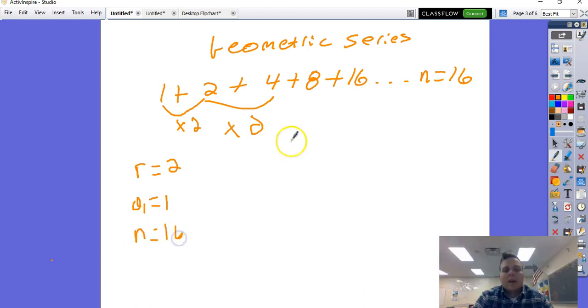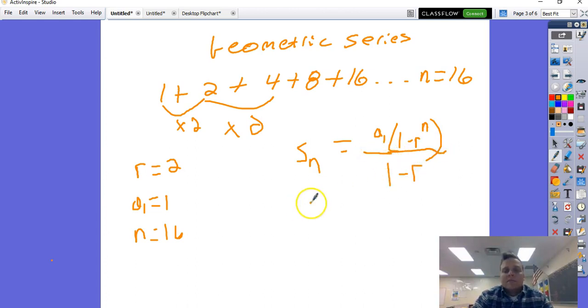With that information, you should be able to use the formula for S sub n, because this is finite, because it has an ending amount. If you didn't know what finite means, it means it has an ending. So S sub n, the sum of n terms, is equal to the first term, a sub 1, times 1 minus r raised to the n power, all of this divided by 1 minus r.